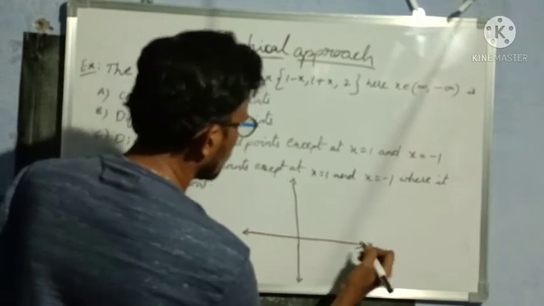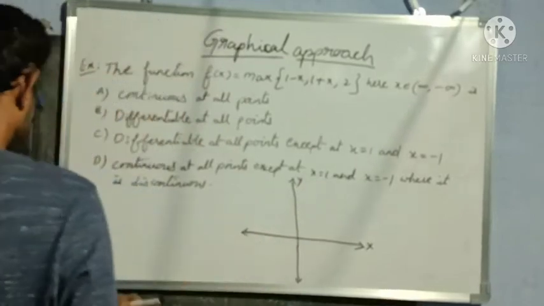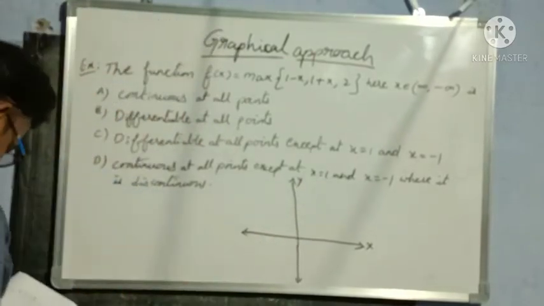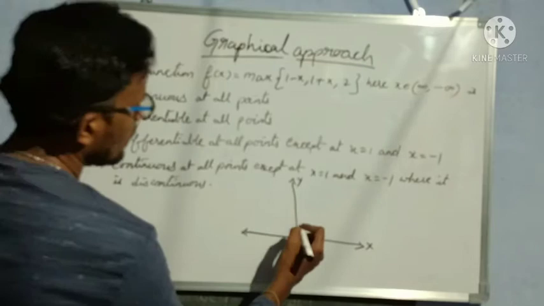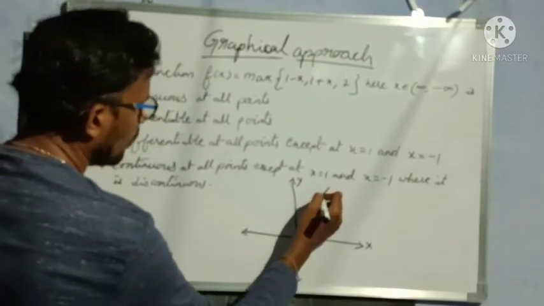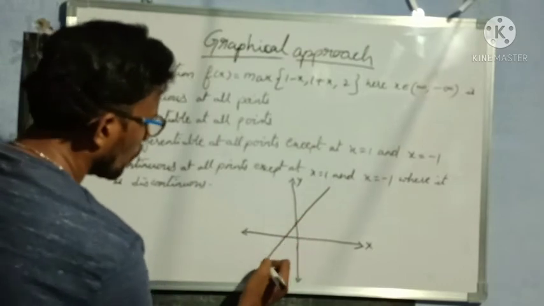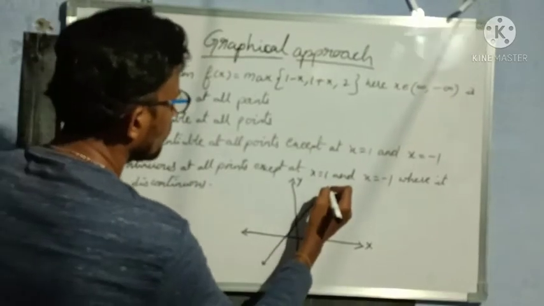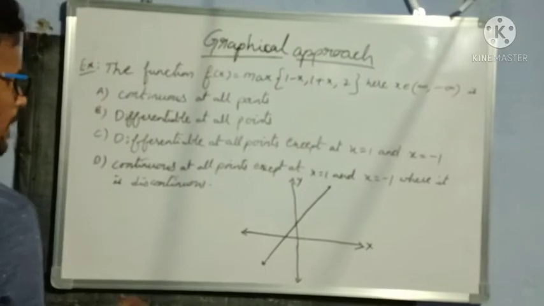So this is x axis, this is y axis. So y is equal to 1 plus x, means from 1 onwards like this the line will be. Okay. So this line becomes y is equal to 1 plus x.